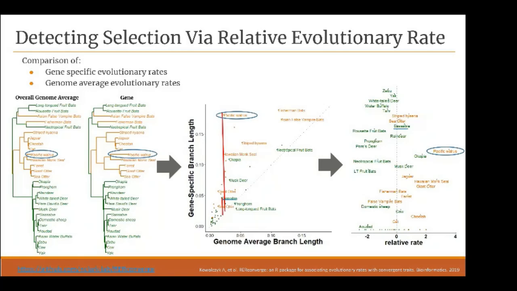This is showing how fast this gene is evolving in each of the species. This entire plot is one gene with each point representing a species that gene is being expressed in. This analysis is then run repeatedly for all of the genes in the alignment, in our case, over 15,000.